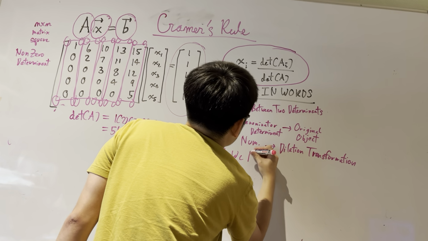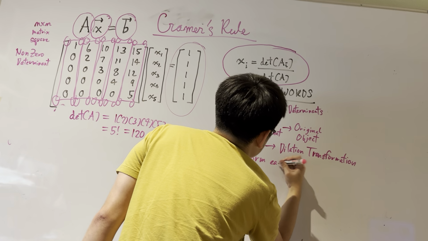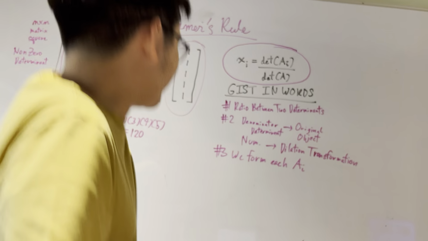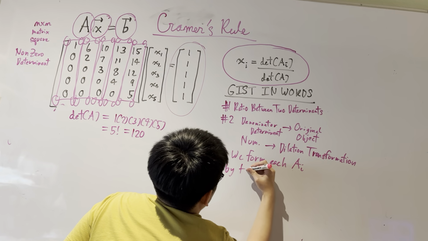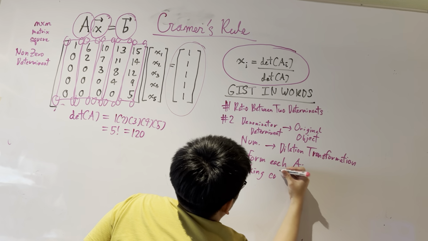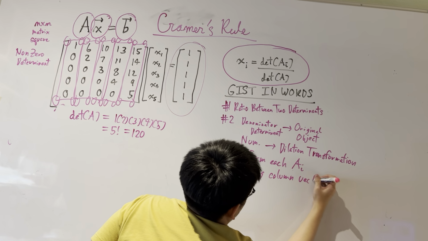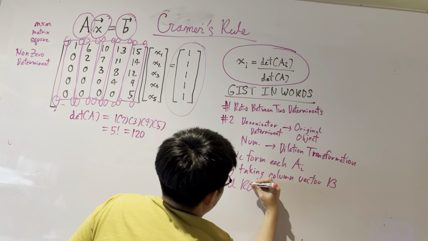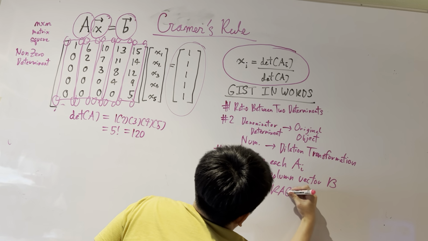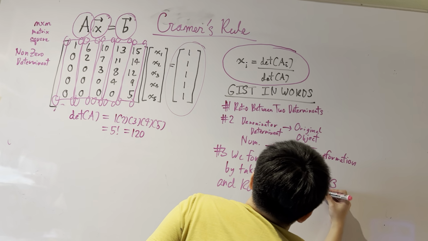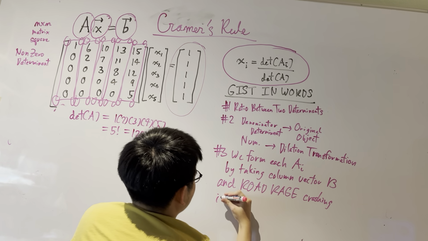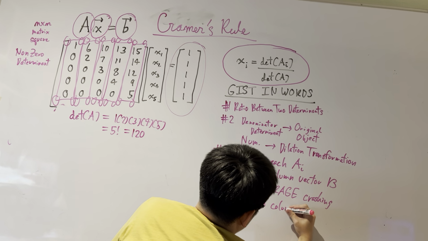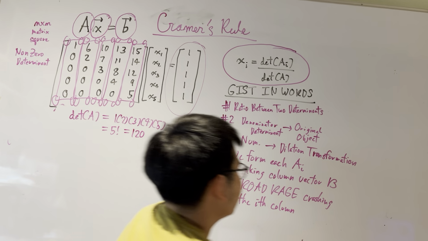We form each Ai, and I'll just use the words of the analogy that I use, by taking column vector b and road raging, crashing into the ith column of our transformation matrix A here.